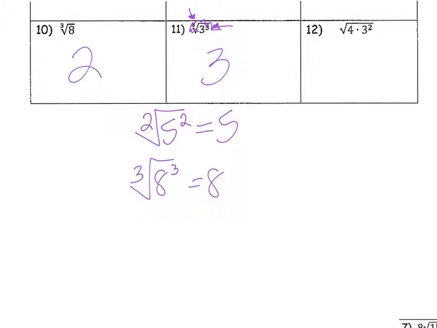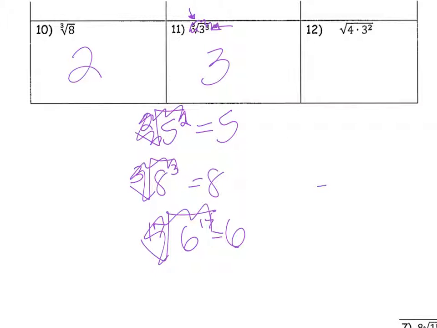What is the 17th root of 6 to the 17th power? 6. Do you get the pattern I'm showing you? They cancel each other out. So basically those things are irrelevant. If it's written, I need you to know, oh, it's just 3, like on number 11. I don't need to work it out at all.